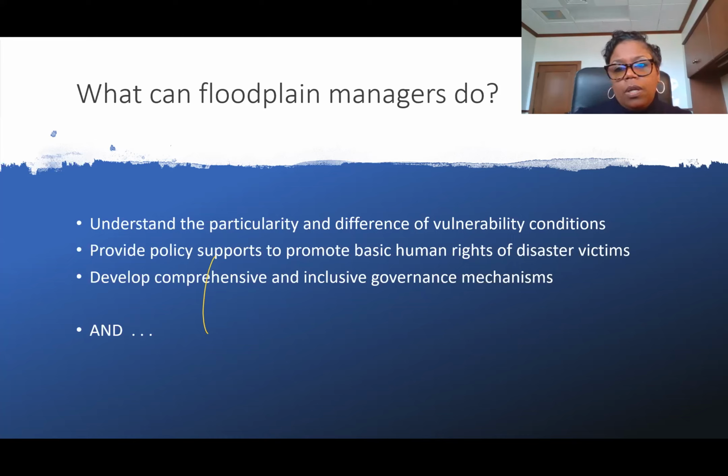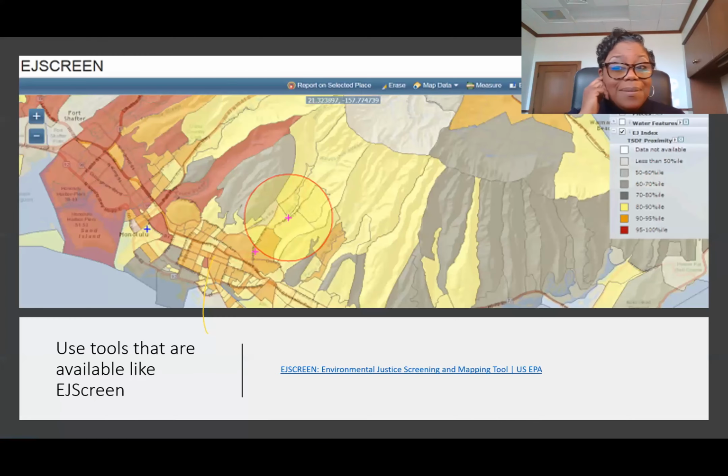You know, so if we are flowing the water there, if we're doing flood distribution, what's the impact on this community? What allows in our policies that engagement that we talked about in the first definition, that make sure that people have an opportunity to be heard, and develop comprehensive and inclusive governance mechanisms, and use some tools that are available to you.